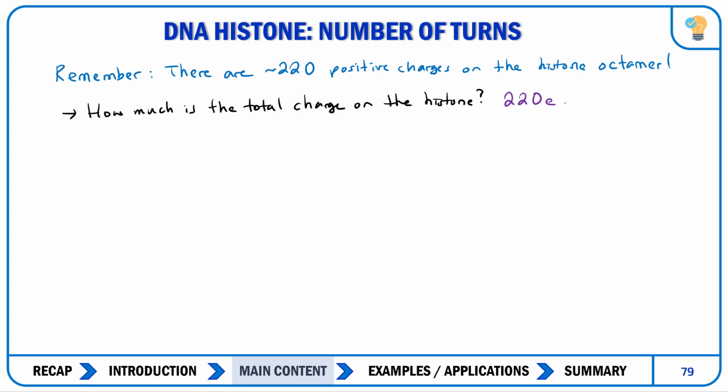So what this tells us is we need negative 220e on DNA in order to neutralize the total histone charge.